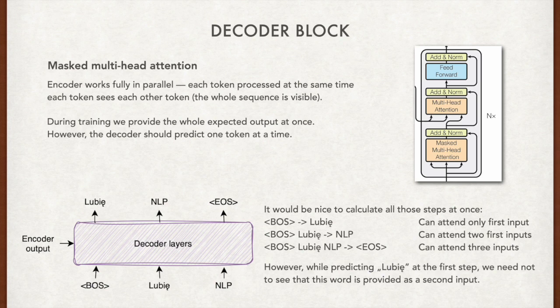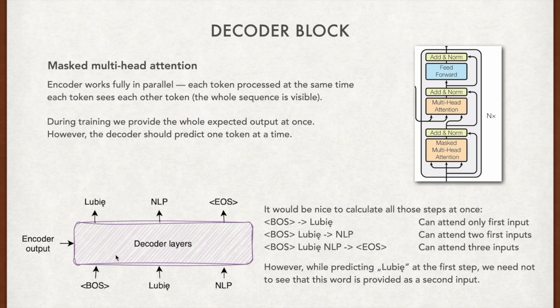In the context of the decoder and the training phase, we could also apply some parallelism. The decoder stack's goal is to produce a sequence of outputs, for example, the translation of a given sentence in English into German. We know what the expected output sequence is during the training process.